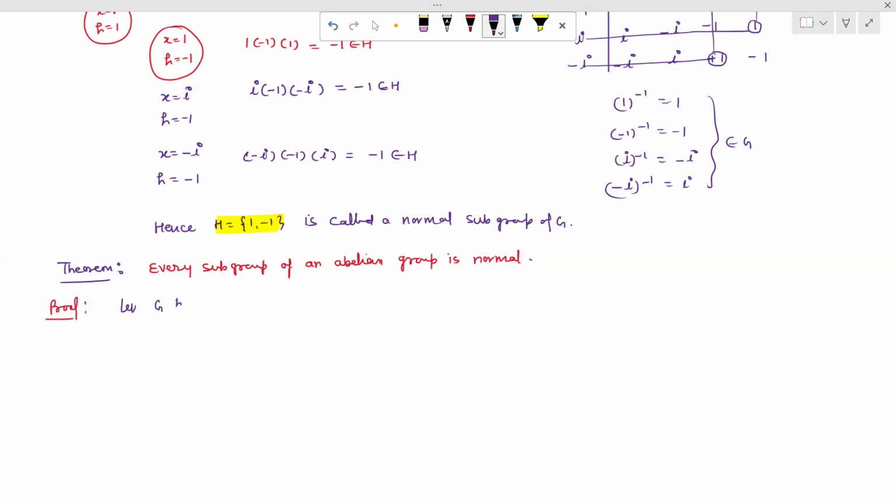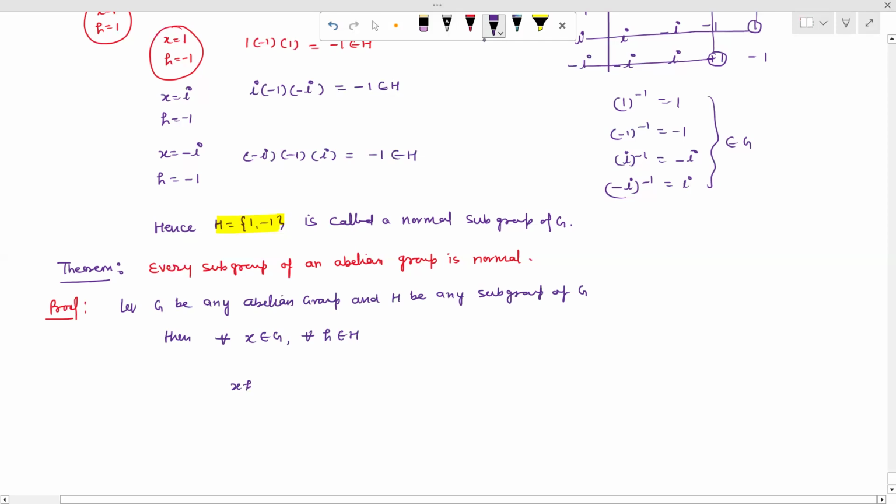Let G be any abelian group, and H be any subgroup of G. Then for every x belonging to G, x being any element of G, and for every h belonging to H, we take x h x inverse.